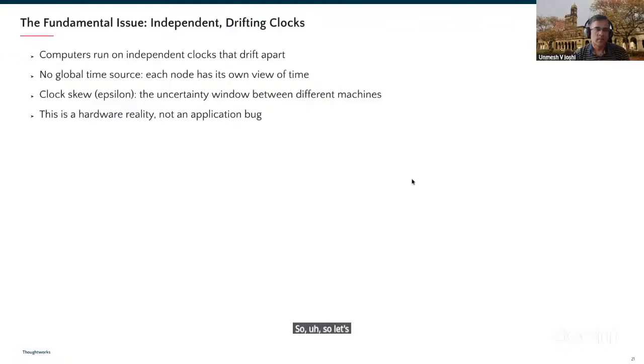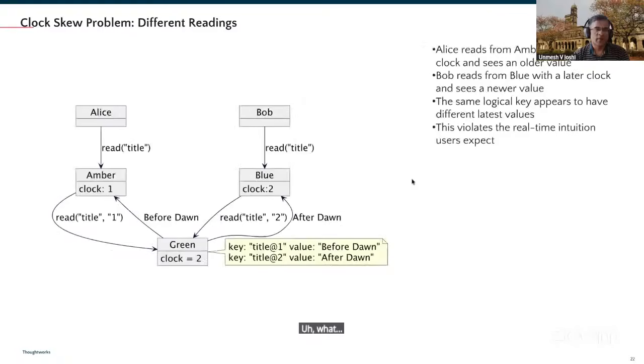So let's see what can happen if we use timestamp as a version. One of the key advantages we saw of using timestamp as a version is that it's decentralized, right? Any process can just pick a timestamp from its own clock and say that this is the version number that I assign to my operations.